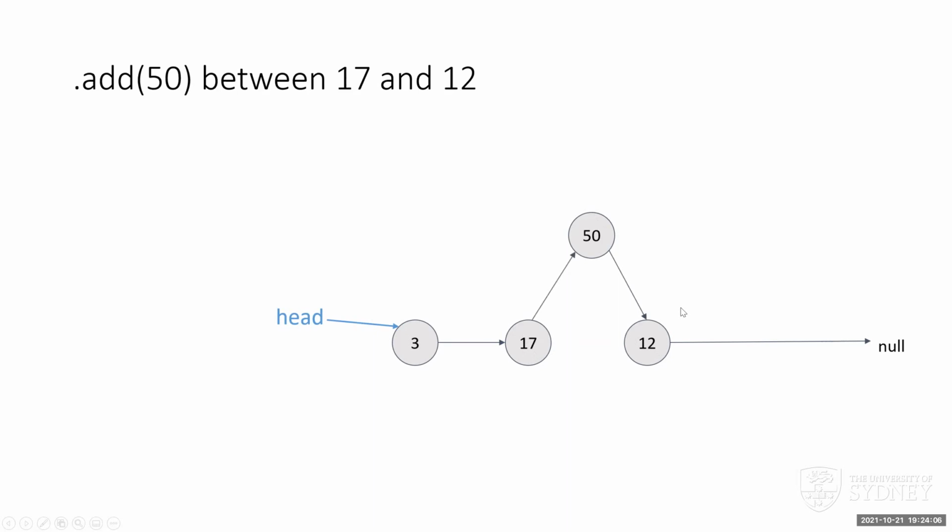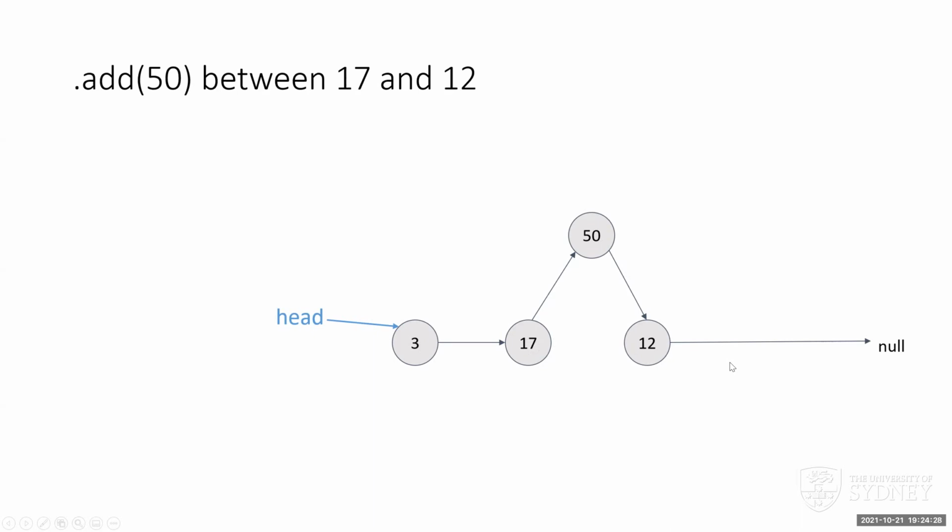And 17 will point to 50. So the main thing to note from here is that only these links get changed. Not the actual values, not the actual position, but only these logical links will get changed, and that's how we have a new list from there.